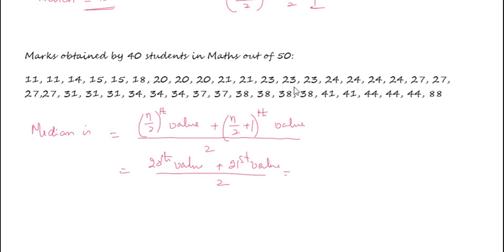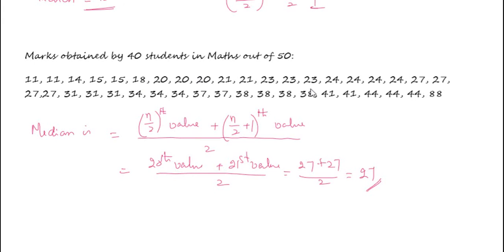Here the 20th value is 27, and the 21st value is also 27, divided by 2. So the value is 27 here. So median in this case is 27.